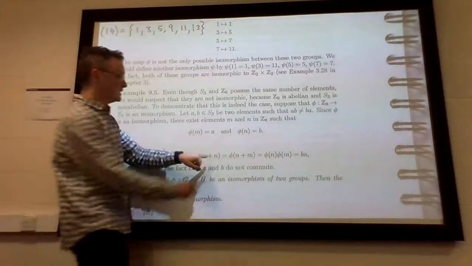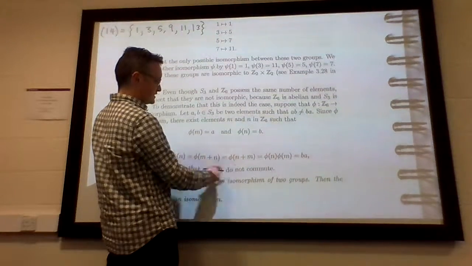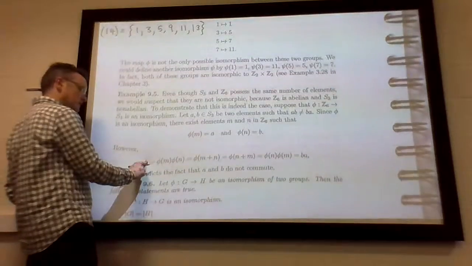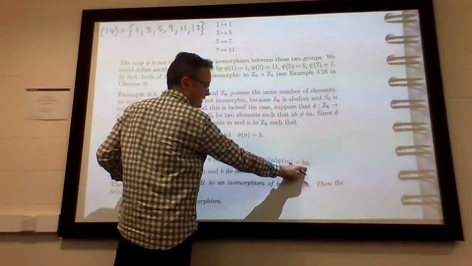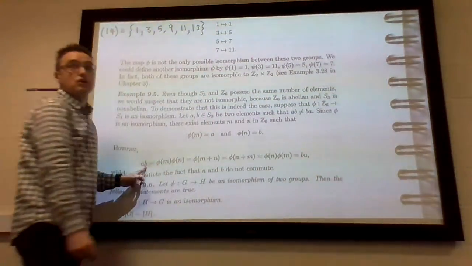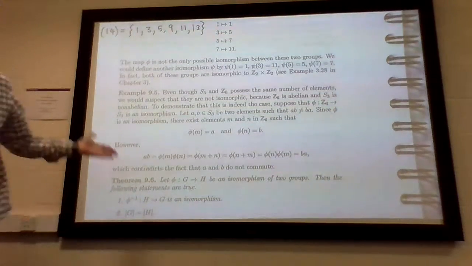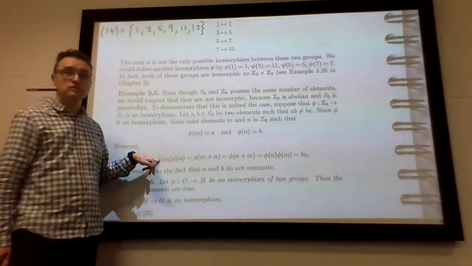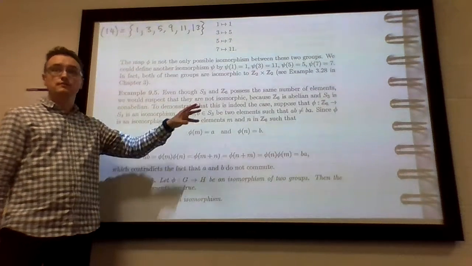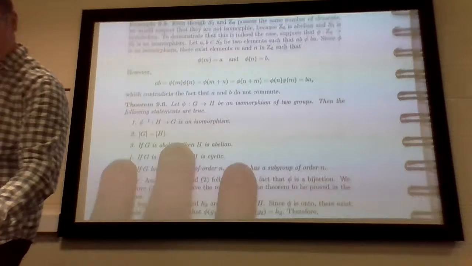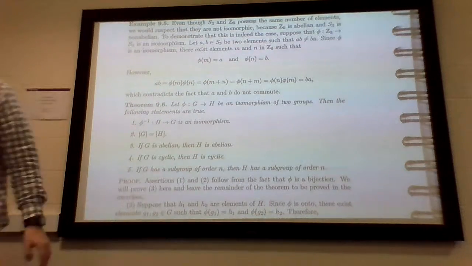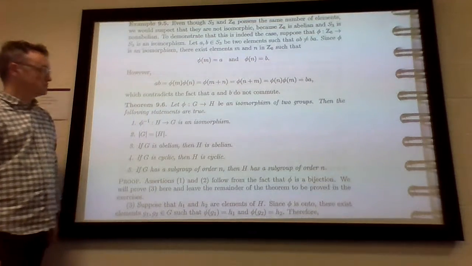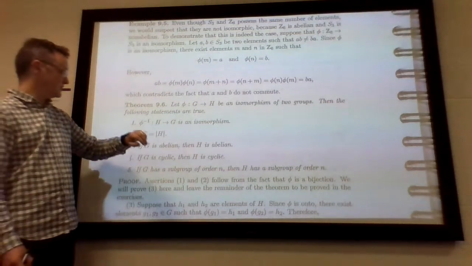We used the abelianness of Z6 to prove that the operation in the codomain is also commutative. So that argument generalizes to anywhere where phi is an isomorphism from one group to the other. So that's property 3 in the next theorem: if phi is an isomorphism from a group G to group H, then if G is abelian, then H is abelian also.